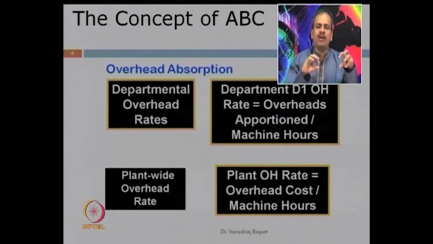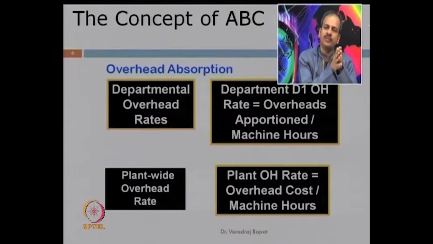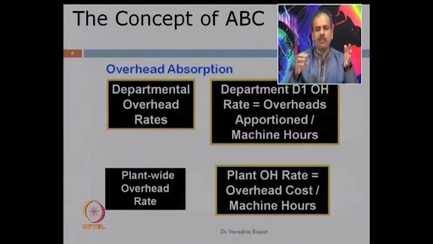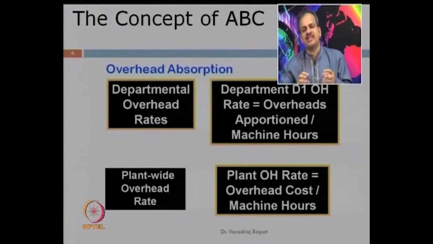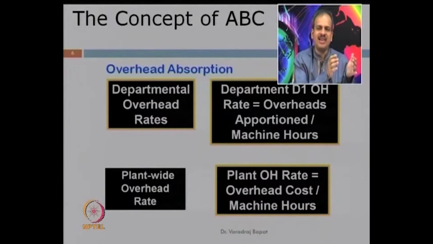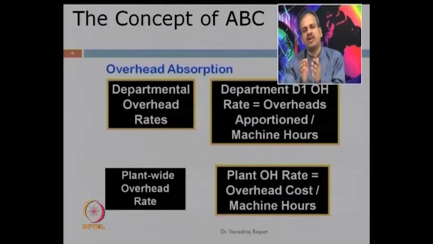In the departmental overhead rate system, there is more sophistication. If you have total rent, we cannot charge it directly to the product, but we can apportion it to the departments. So the total plant rent is first apportioned to the departments. The plant manager's salary is apportioned to the departments based on time.